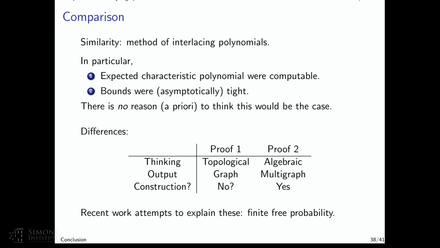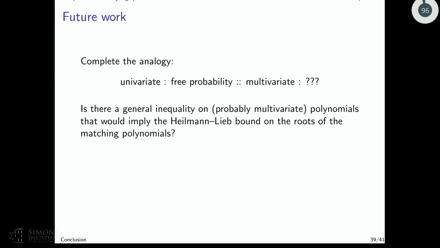And recent work tries to explain what the differences are between these two methods, and it comes down to a theory that we call finite free probability, which is essentially understanding these operations of finite free convolution in the same way that free probabilists understand their free convolutions.